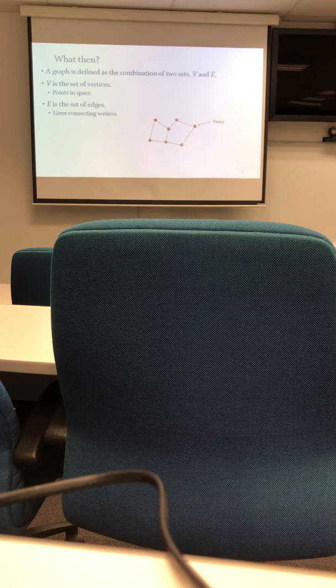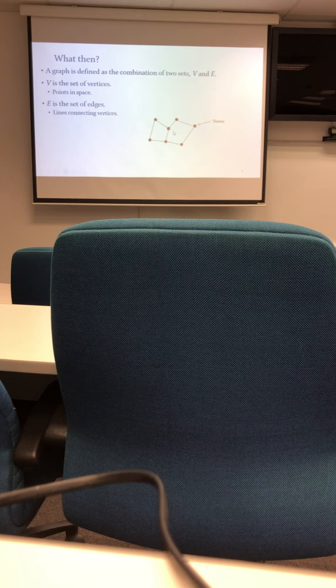Okay, this is a graph. So these are vertices. Okay, these are vertices in this graph. So formally a graph will be represented as 2 sets. V is a set of vertices. In this case, 1, 2, 3, 4, 5, 6, 7. Yeah, 7 vertices.